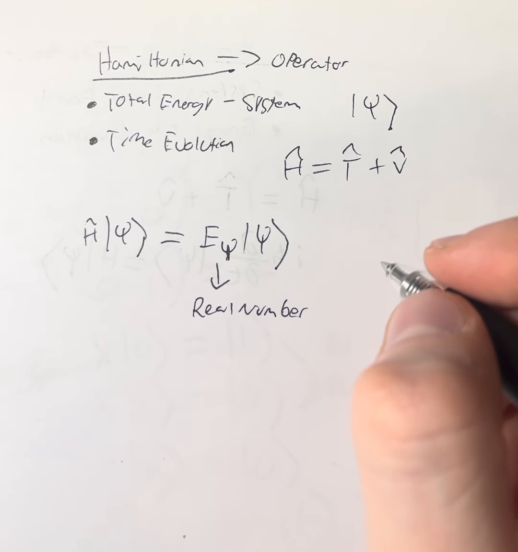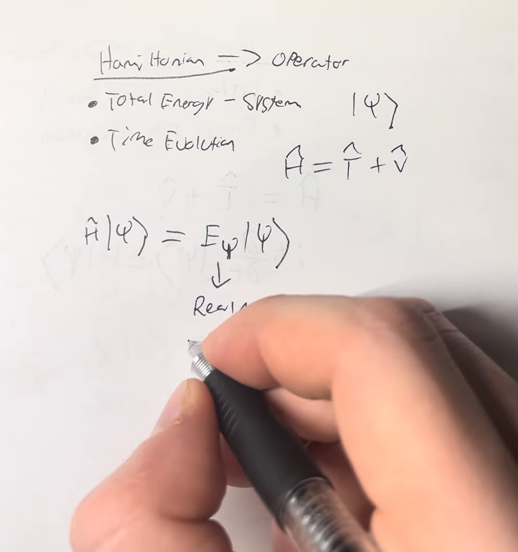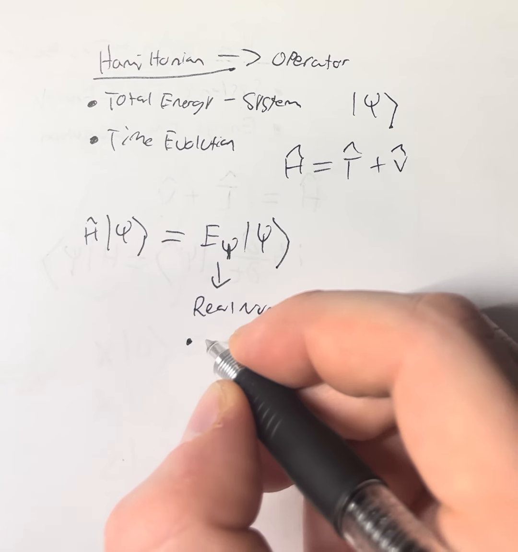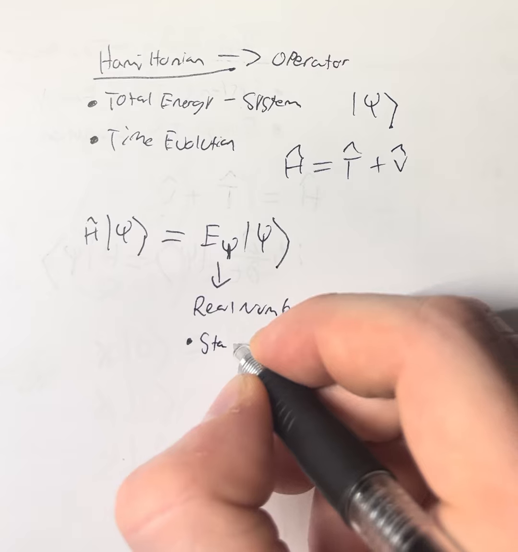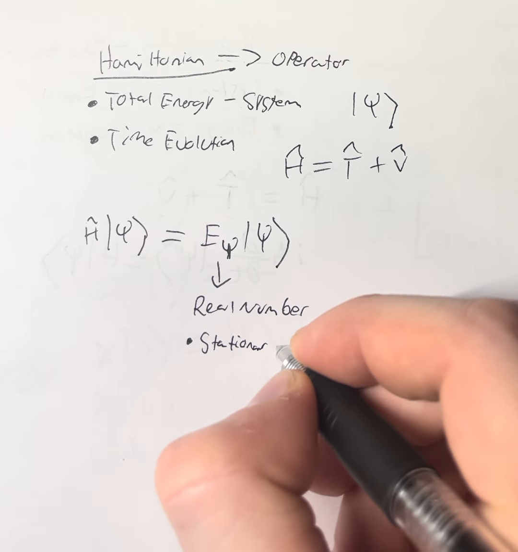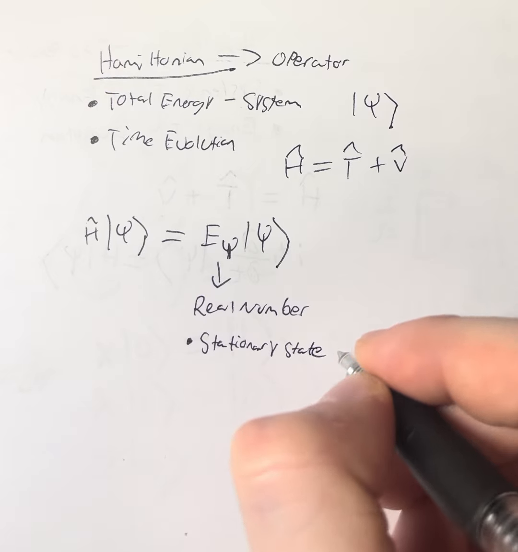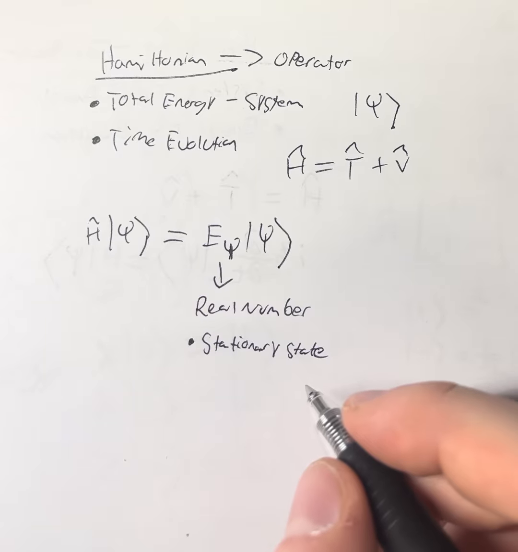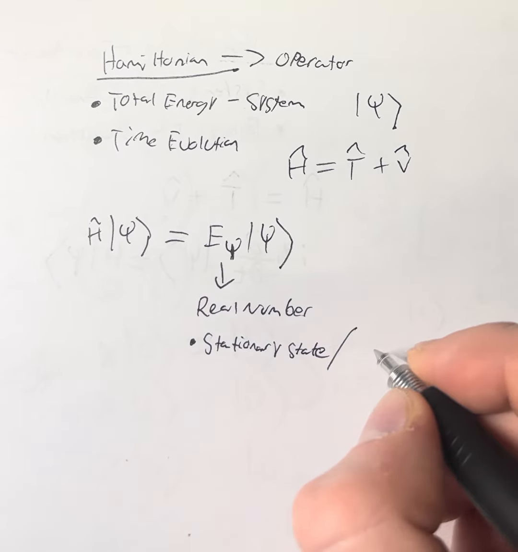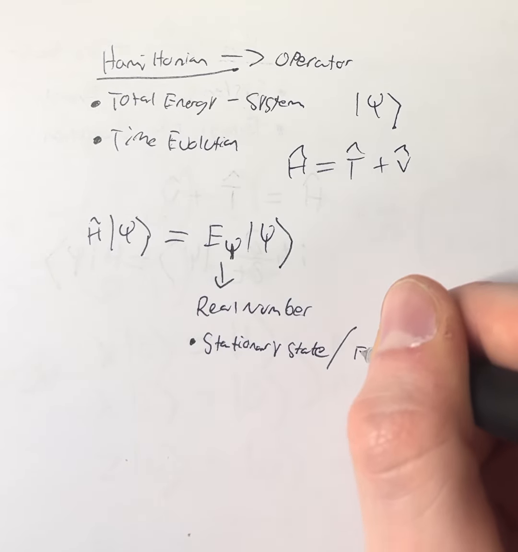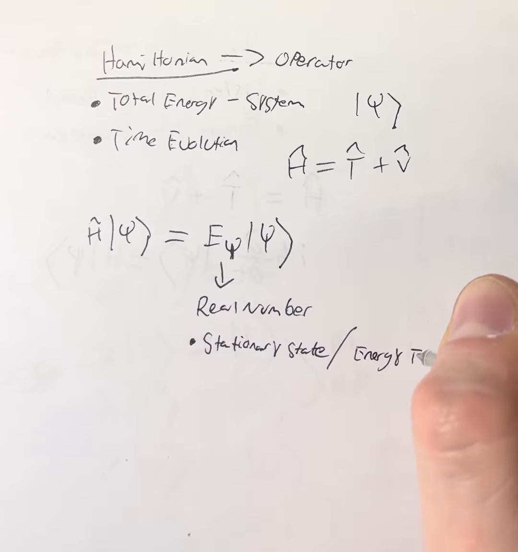which corresponds to two names for the same thing, what we call either the stationary state, so the energy at one fixed point in time. We also call this the energy eigenvalue.